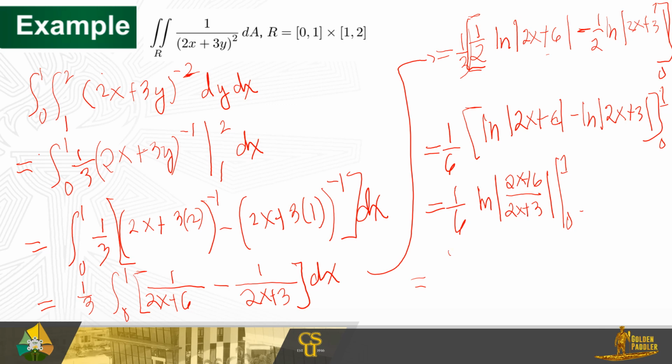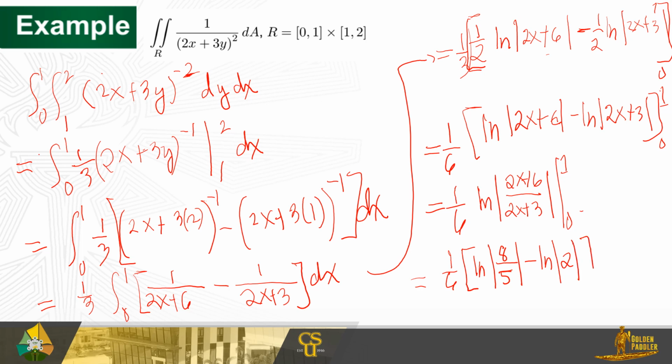So, meron tayong 1 over 6 times ln of, kung 1, so meron tayong 2 times 1 plus 6. So, magiging 8 ito, numerator, over 2 times 1 plus 3, so magiging 5. So 8 over 5 minus ln of kung 0, so magiging 6 over 3. So alam naman natin kung yung 6 over 3, that is 2.